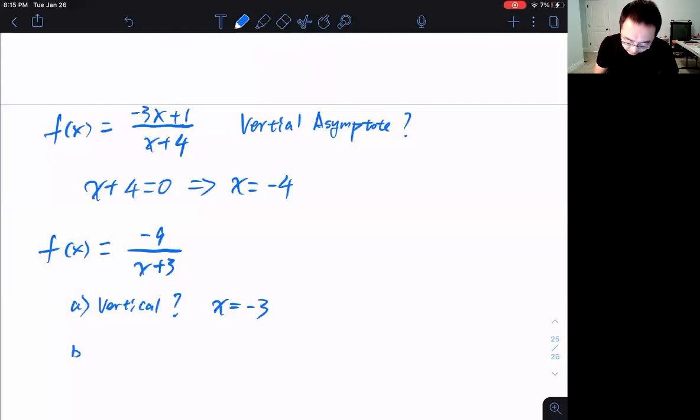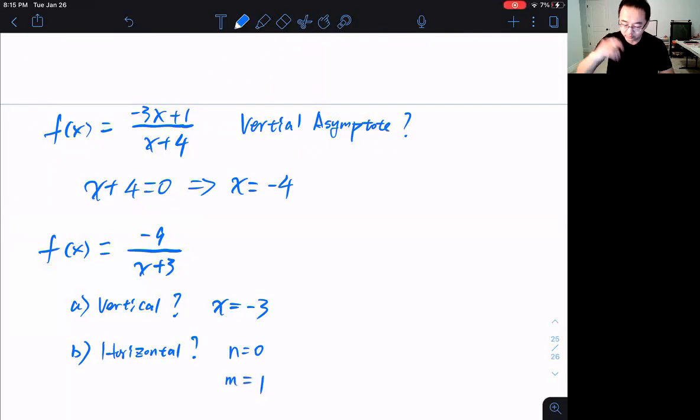Now the next question is, is there one for the horizontal? Well, here you can see in the numerator, the power for x is n equals 0, right? There's no x, so the power of x is 0. And in the denominator, m, the power is 1 because you have an x raised to the first power.